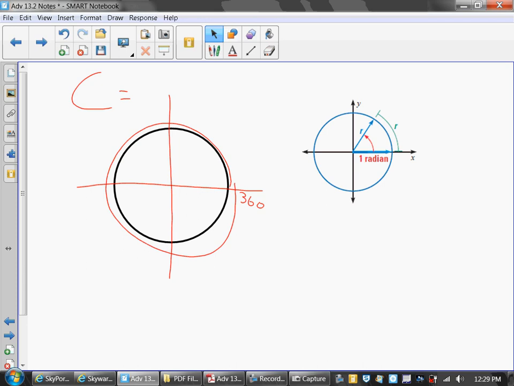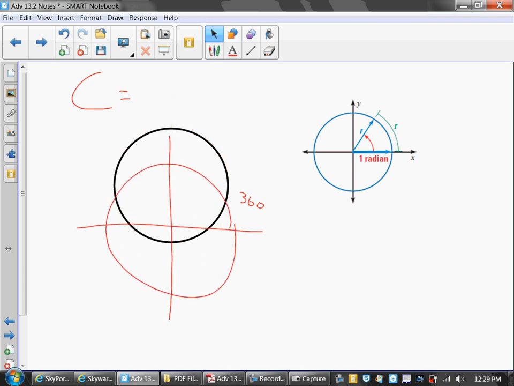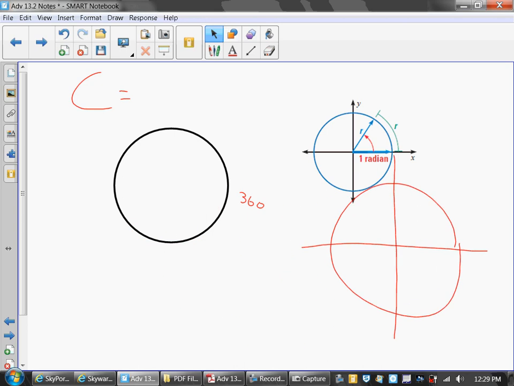So to go around the circle is 360 degrees, or 2 pi. One full revolution of a circle is 2 pi.